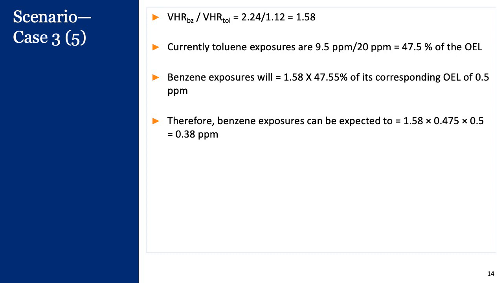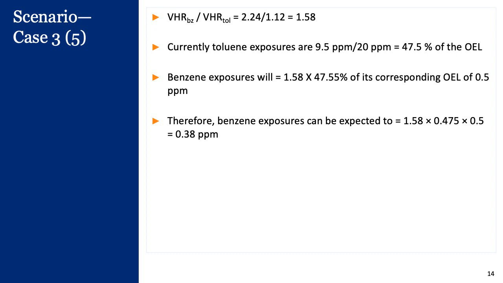The benzene exposures are therefore going to be 1.58, which is the ratio of the vapor hazard ratios, times 47.5% of its corresponding OEL of 0.5 parts per million. And so the benzene exposures are 1.58 times 0.475 times 0.5.